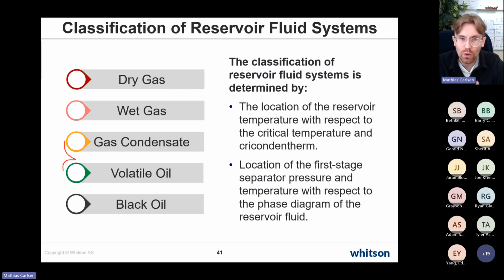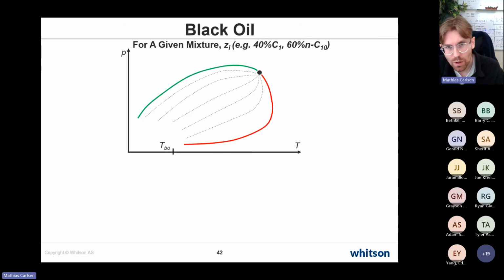So we're going to go through these. We've already given you the ranges, but we're going to give you some examples and also show you some phase envelopes, and where this Cricondentherm criterion is and how it's used. We're going to start with the black oil.